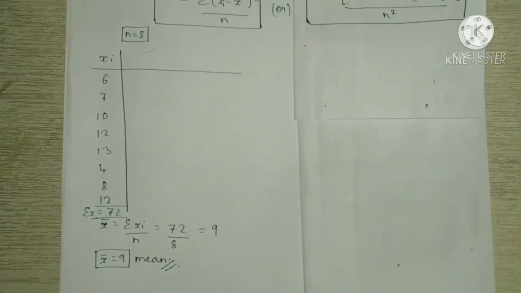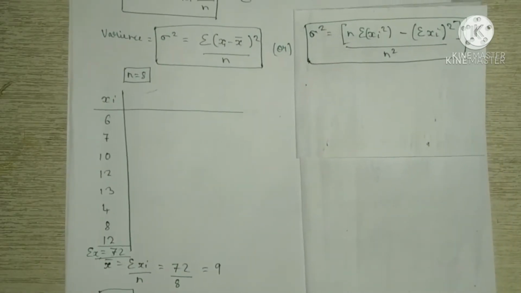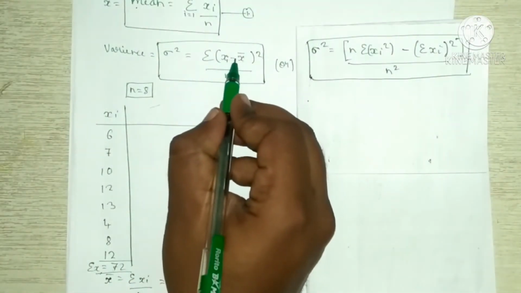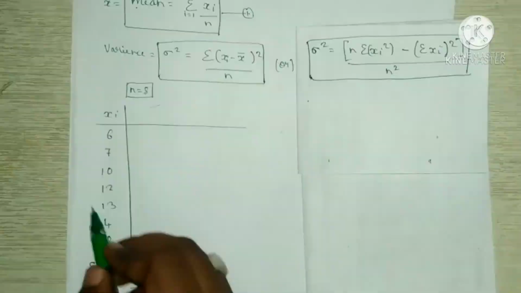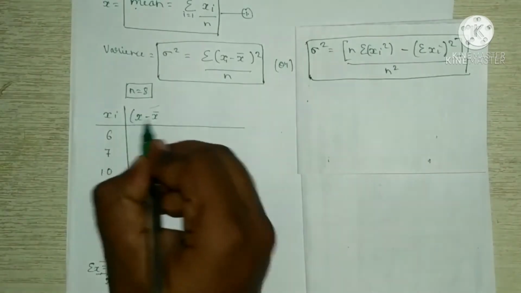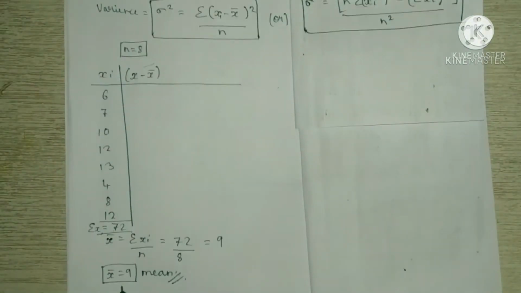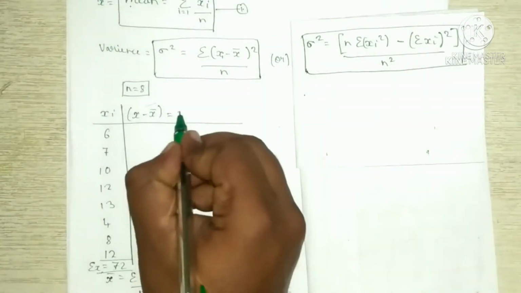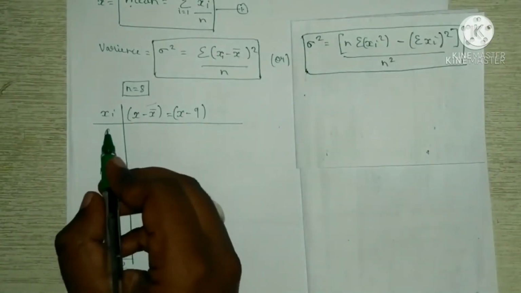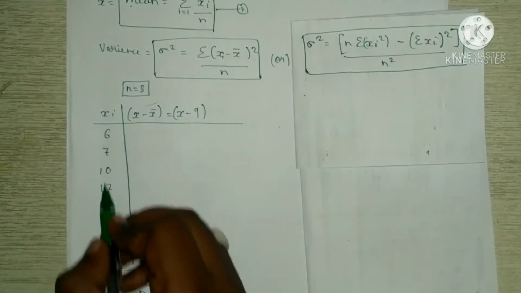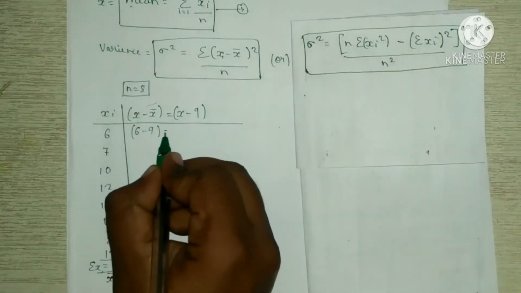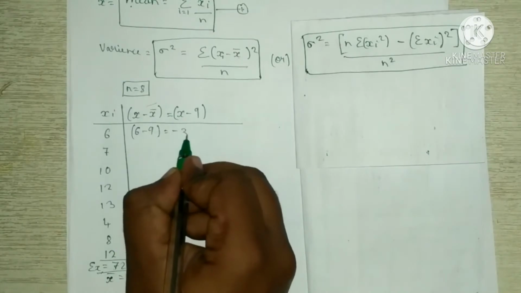Now you need to find the variance. Variance sigma square is equal to summation of (xi minus x bar) whole square by n. x bar is 9, so x minus 9. x is nothing but what is given in the question: 6, 7, 10, and so on. 6 minus 9 is equal to minus 3.